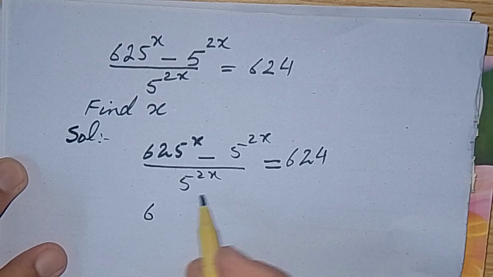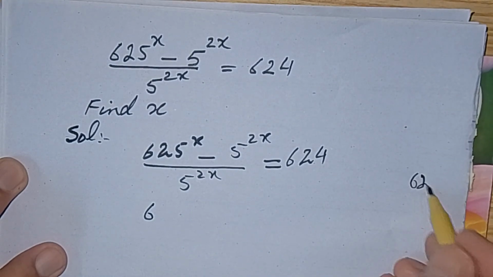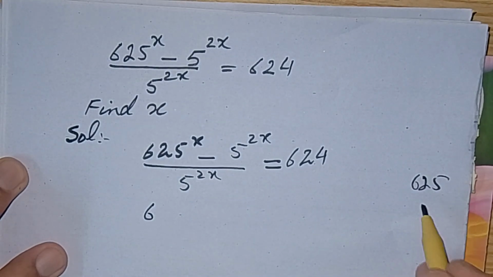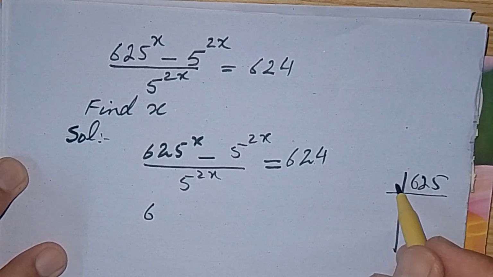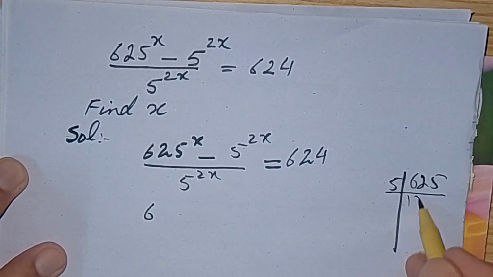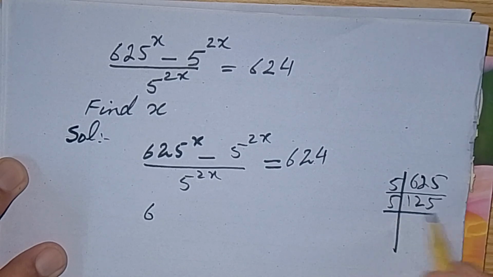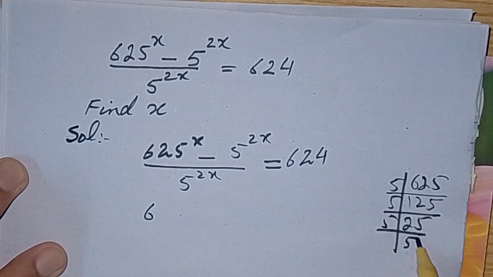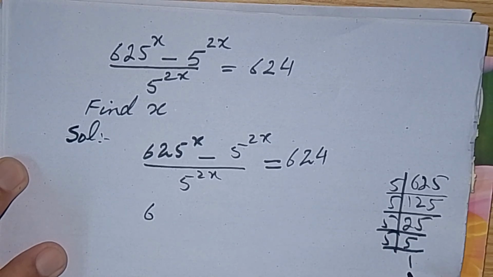625, when we factorize with 5: 125, 5, 5; 25, 5, 5; 5, 5, 1.